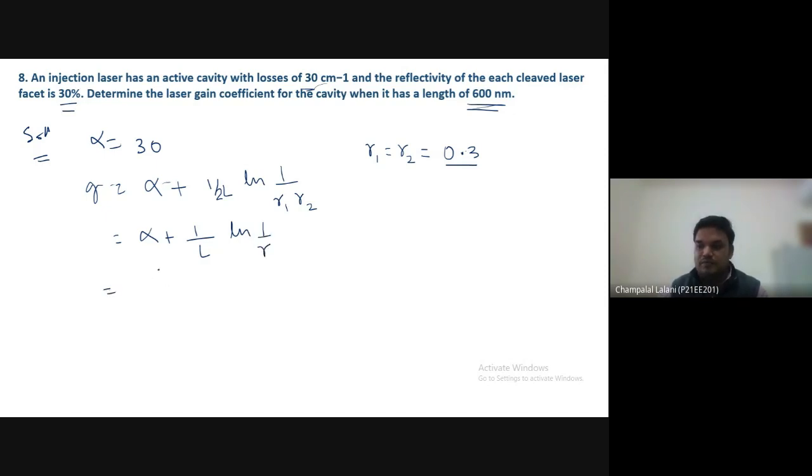You put the value: 30 plus, L is 600 nanometers.